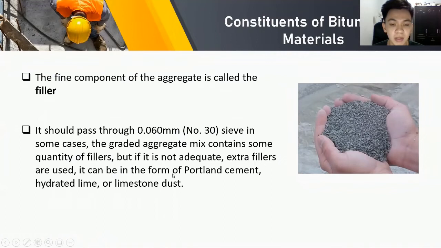It can be in the form of Portland cement, hydrated lime, or limestone. So ito, kailangan niya mag-pass sa number 30 sieve. Nakita na natin yan sa ating construction materials and testing. So ito yung kanyang filler. Ito yung itsura ng filler pala.